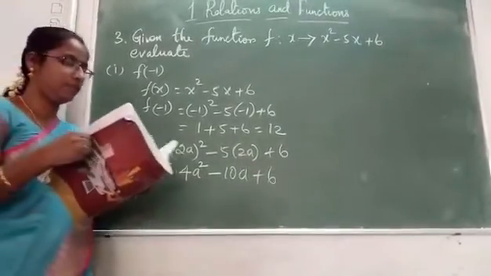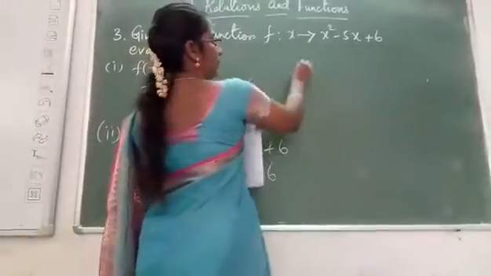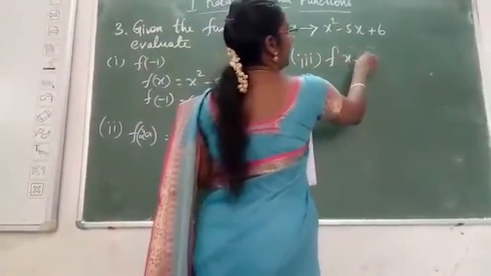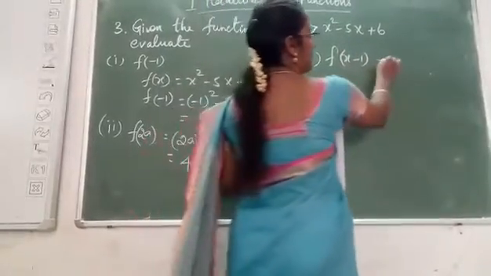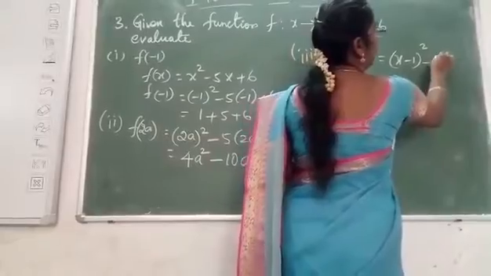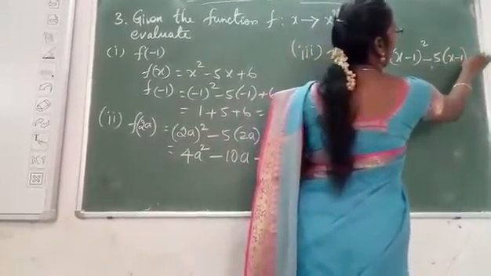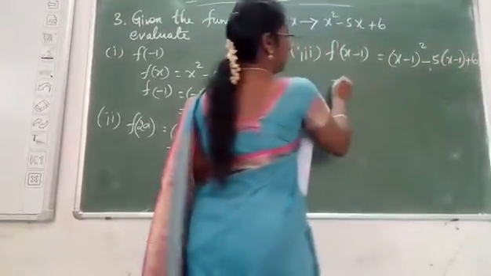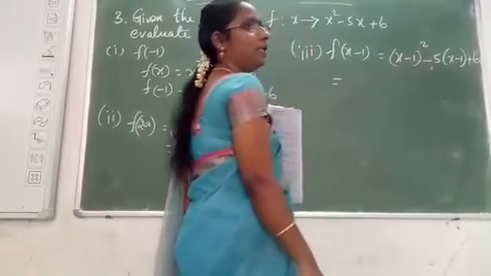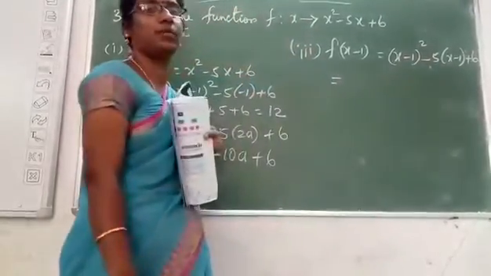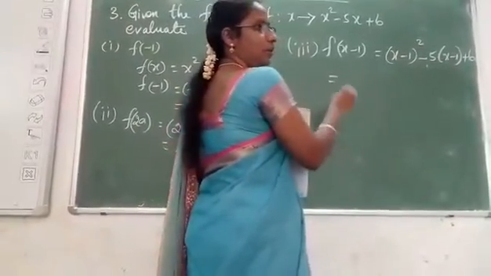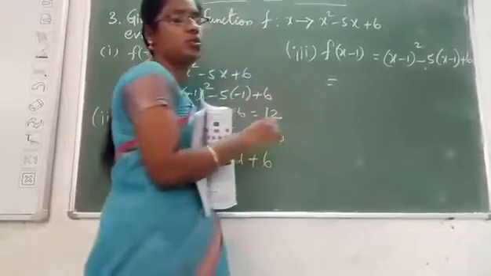Let us see the third one. f(x minus 1). So replace the x value. (x minus 1) whole square minus 5 into (x minus 1) plus 6. (x minus 1) whole square looks like (a minus b) whole square. (a minus b) whole square value is a square plus b square minus 2ab.